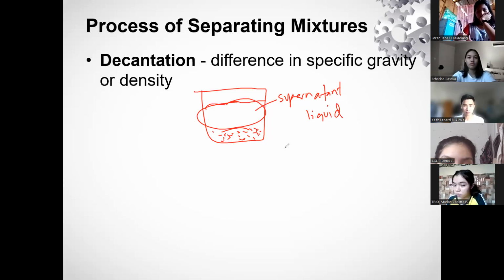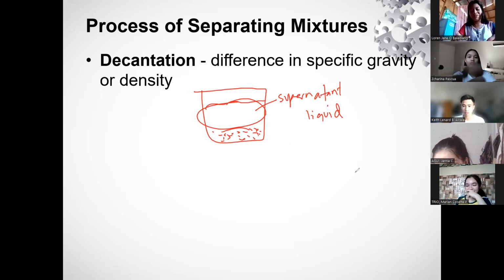Ginayabon ninyo, di ba? Okay, that is the so-called decantation.